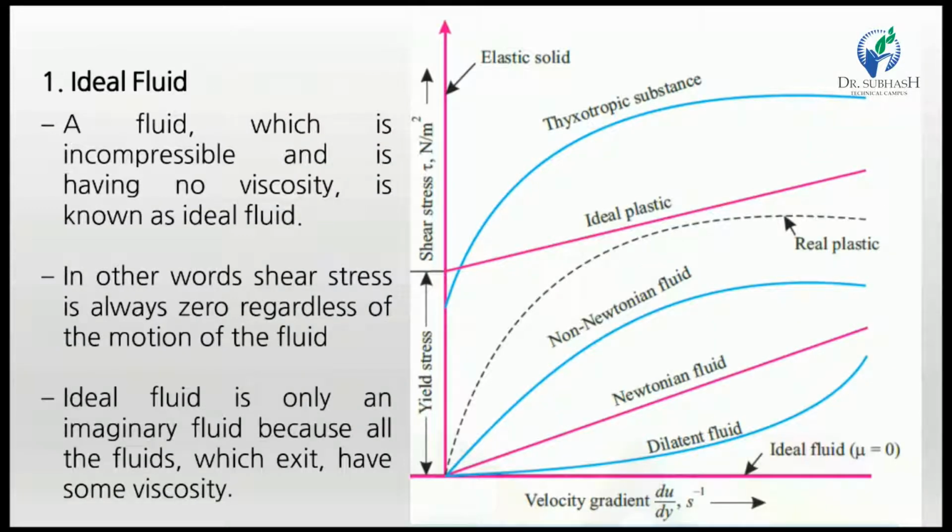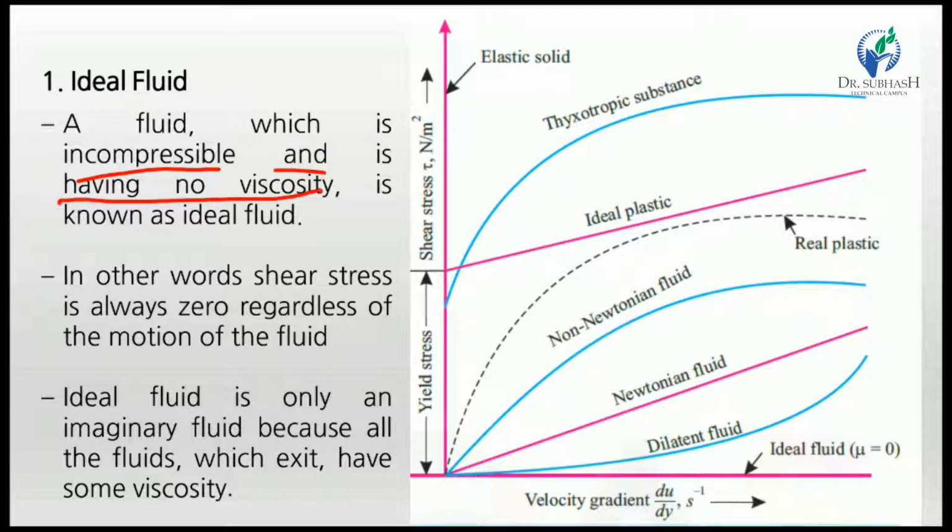First is the ideal fluid. A fluid which is incompressible and has no viscosity is known as an ideal fluid. So in short, the fluid has a shear stress of 0, so it does not have viscosity.